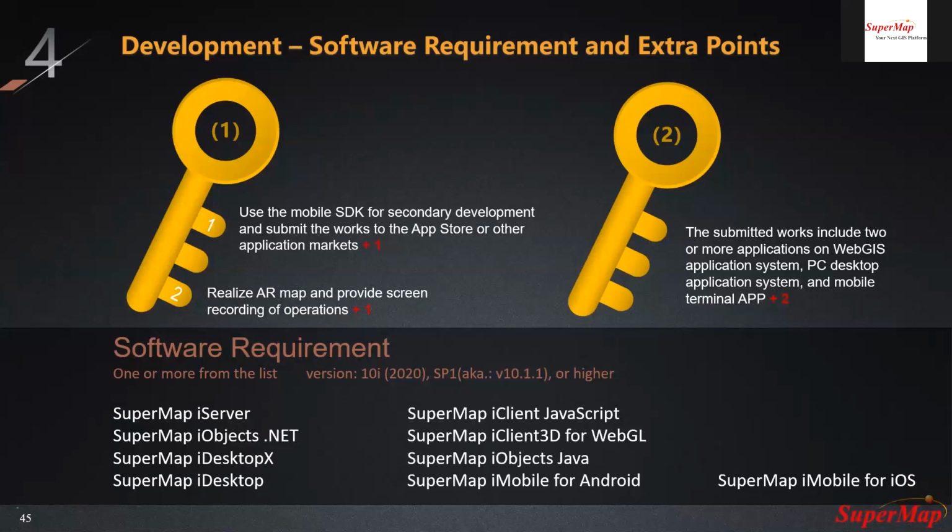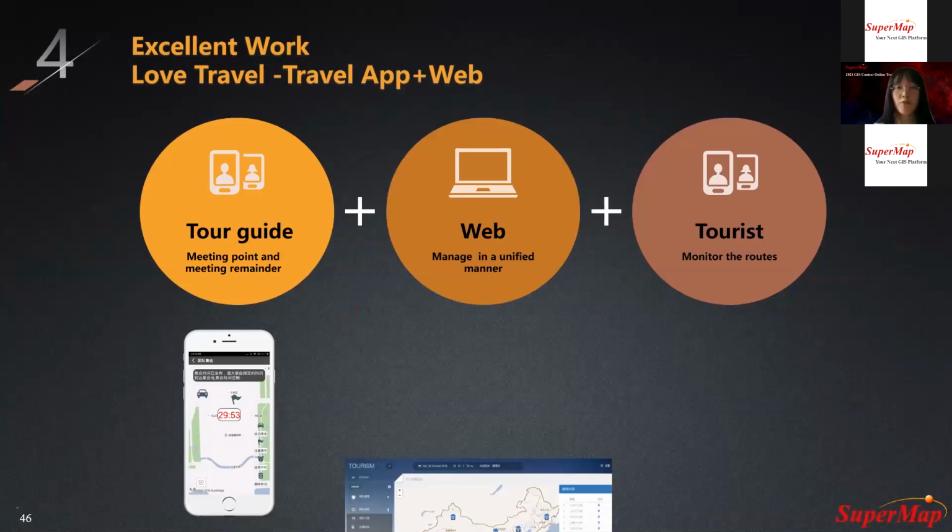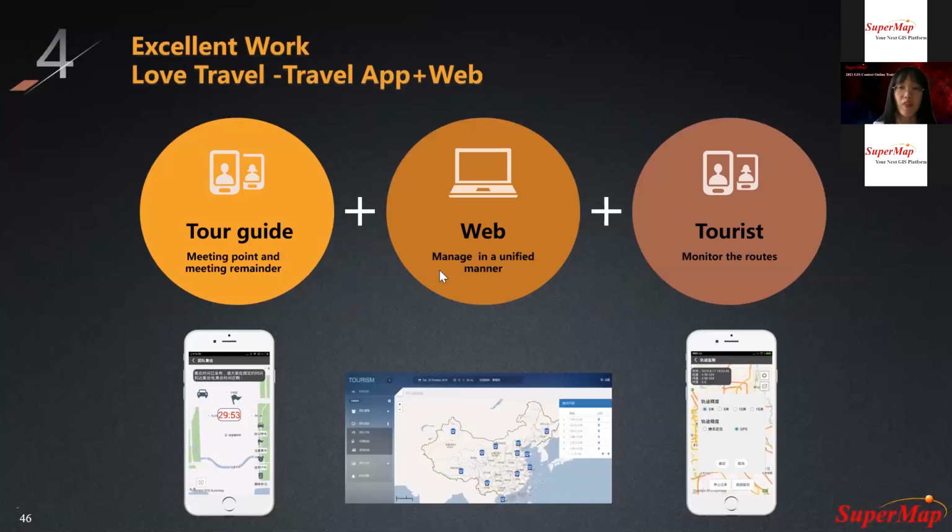And here is an example of a work worth 4 extra points. This one works not only on website, but also can be used by end users using their cell phones.